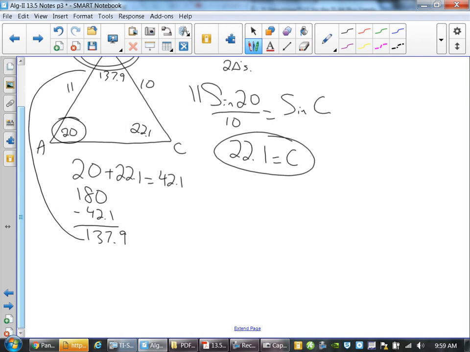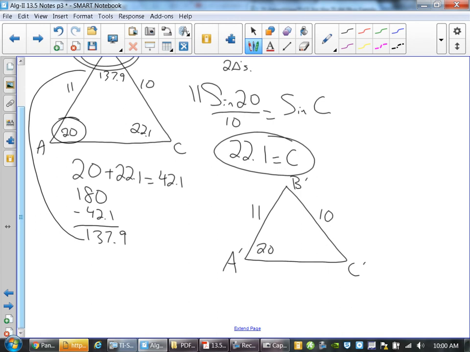So I look at a second triangle, and I call them A prime, B prime, and C prime. I'm going to transfer the exact same side lengths over and the given angle. So I knew that I started with 20, I knew that this side length was 10, and I knew that this side length was 11.